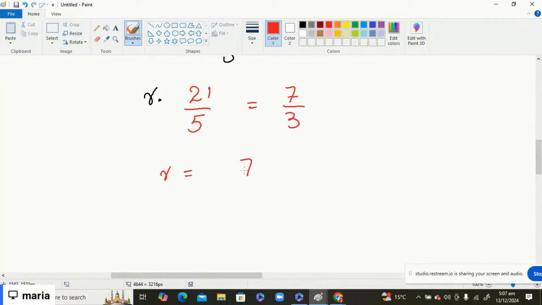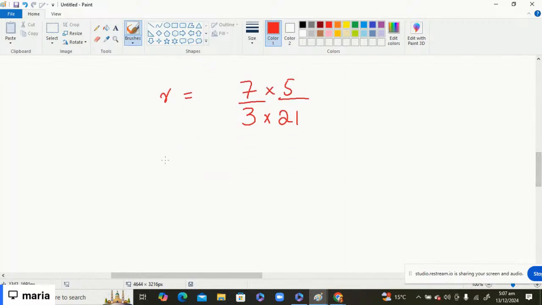So 7 by 3 as it is. This 21 is multiplied here, here it's divided, and this 5 is division here, but here it's a multiplication. So r is equal to 7 times 5, which is 35, over 21 times 3, which is 63. And that is your answer.